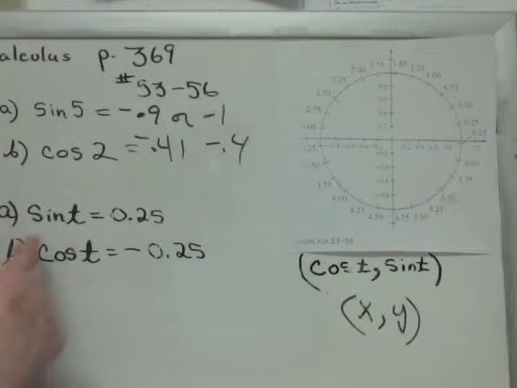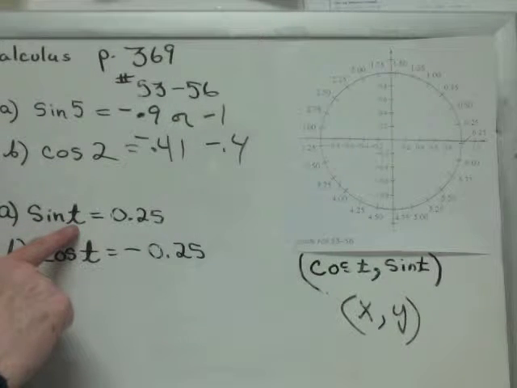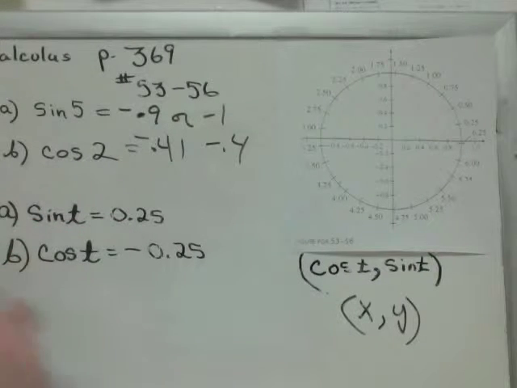On 55, the question's asked a little bit backwards. They're asking you to find what is the t if the sine of it is 0.25. So how do you think I go about that? And so I'm kind of going backwards, right?